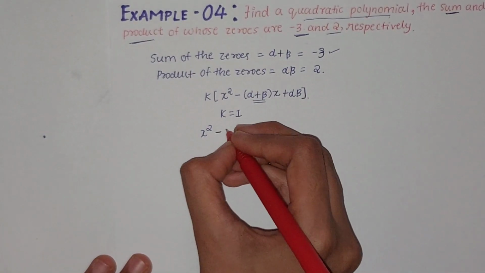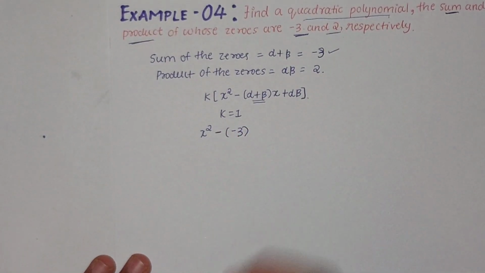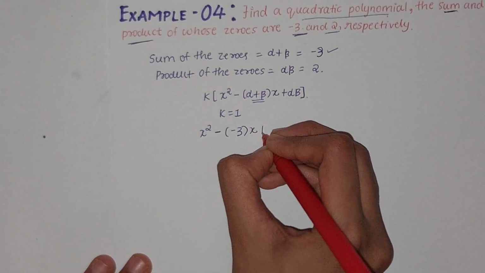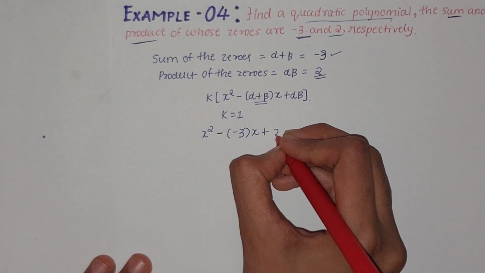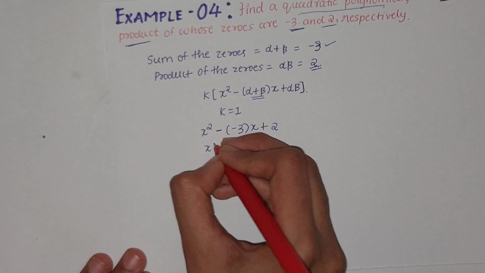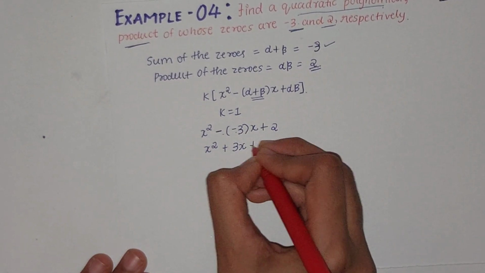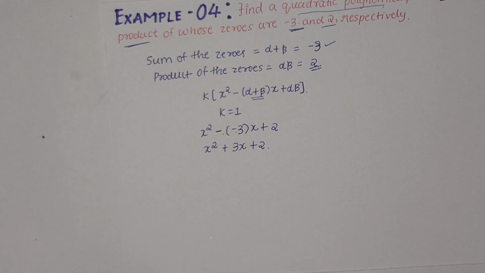It is -3. So in the bracket with the sign, don't forget the sign, into x plus, what is my alpha into beta? It is 2. So x square minus into minus plus 3x as it is plus 2. So your equation is x square plus 3x plus 2.